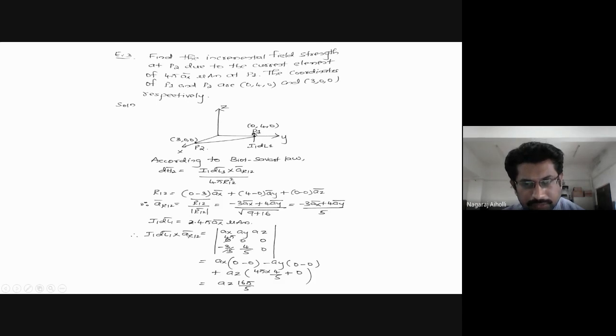So this row will go, this column will go, it is 0, this is 0. The ay component here is also 0. Only we'll get the az component, which will be 4 pi. If we write the cross product in terms of ax, ay, az and the coordinates of x, y and z, of I1 DL1 bar and AR12 bar, then this will be az, 4 pi into 4 by 5, it is minus 4 by 5.